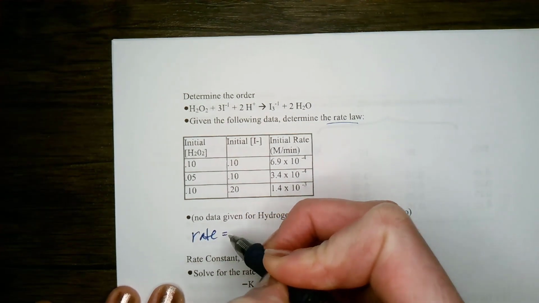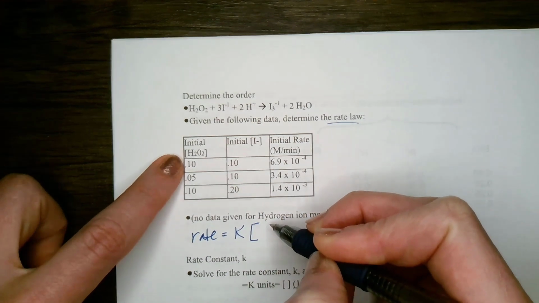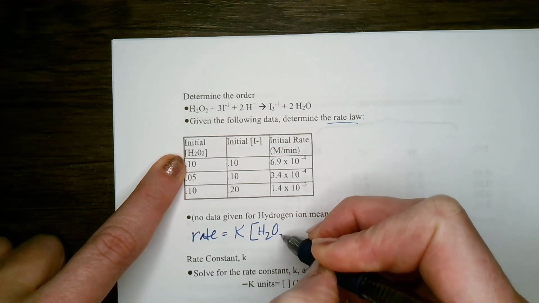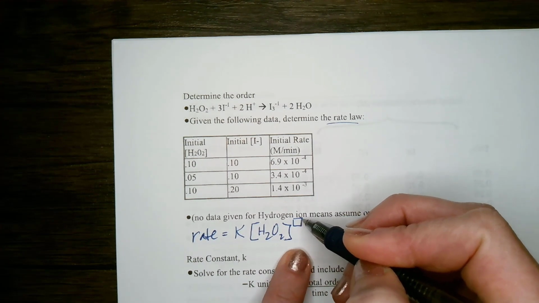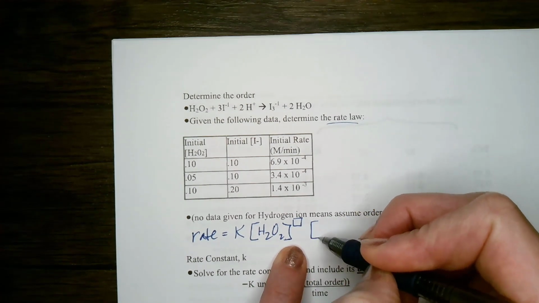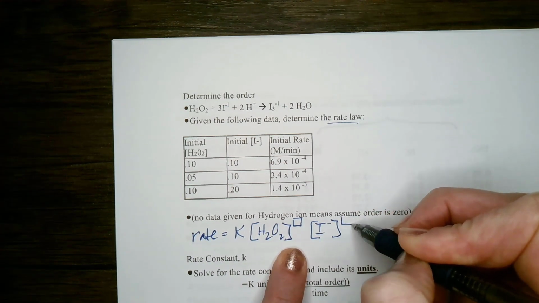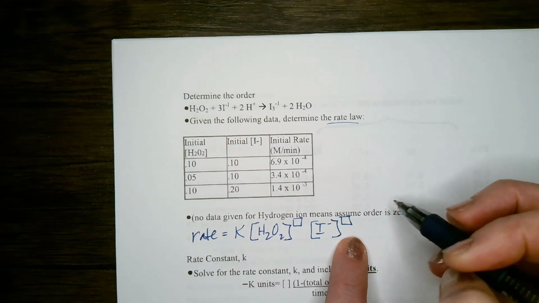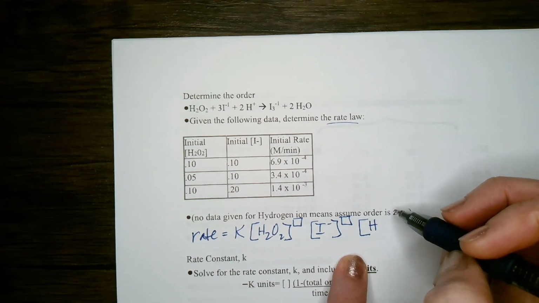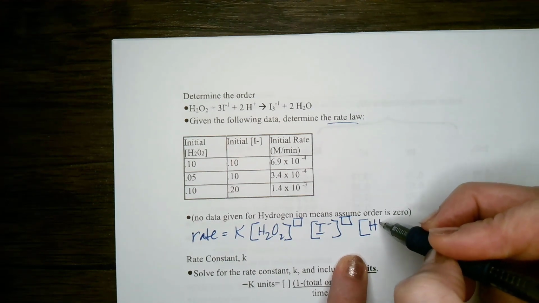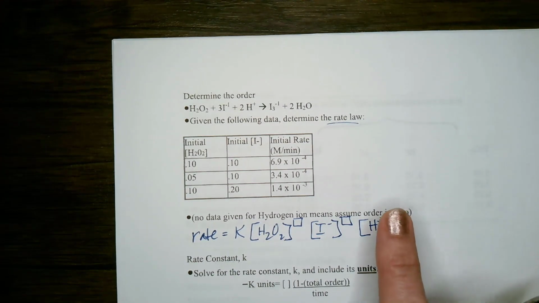Well, let's just start with our skeleton rate law and write down that we have our rate constant times the concentration of H2O2 raised to, we don't know what order yet, times the concentration of I minus, we don't know that order, and then times the concentration of H plus.